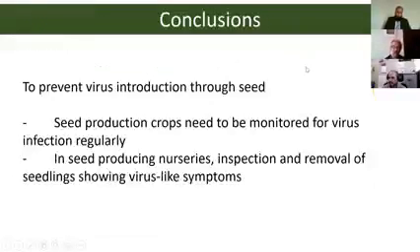In conclusion, to prevent virus introduction through seed production, crops need to be monitored for virus infection regularly. In seed-producing nurseries, inspection and removal of seedlings showing virus-like symptoms will improve the quality of the seed.